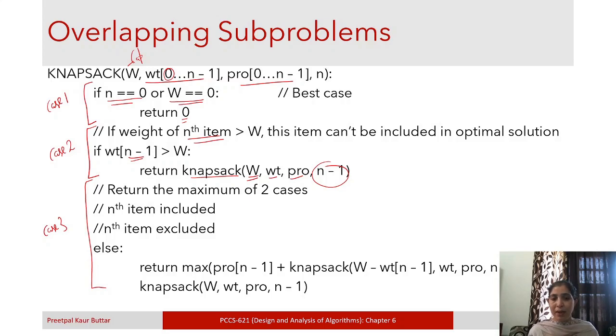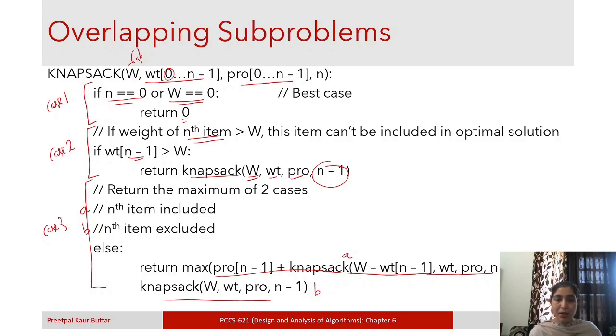So you will pick the maximum of these two cases. So let us say this is case 3A and this is case 3B. Okay, item included and item excluded. Whatever is giving you the maximum benefit, you will pick that one.